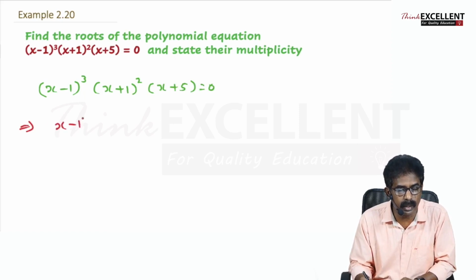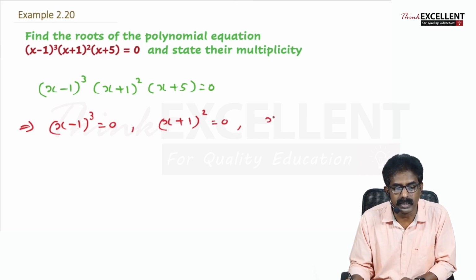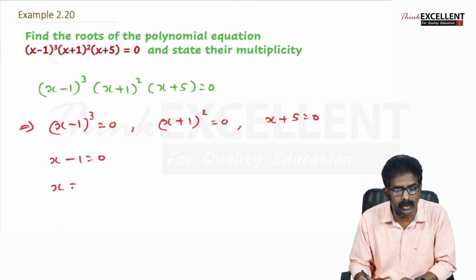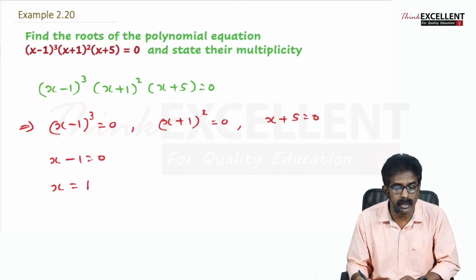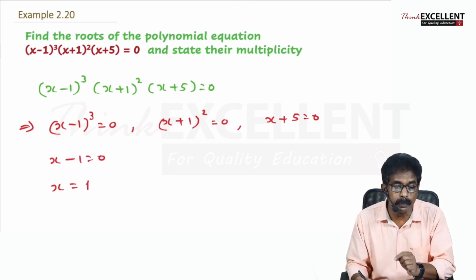Either x minus 1 cube equal to 0 or x plus 1 square equal to 0 or x plus 5 equal to 0. Here you can say x minus 1 equal to 0, so x equal to 1 is a root with multiplicity 3.